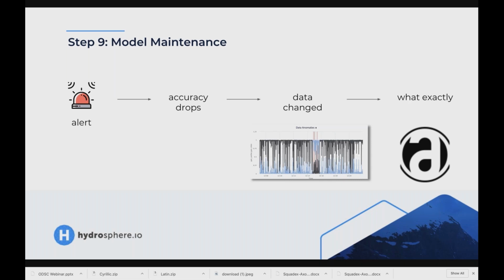As the next step, once we see the data has changed, we need an answer for what exactly has changed, and to see the examples that cause the accuracy drop. They might be edge cases, or it might just be a natural drift of data in production.